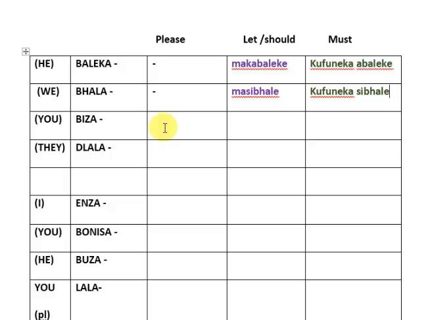You come into play with please, when we use biza. So please call somebody, you. Kaubize, and you must call somebody. Kufuneka ubize.